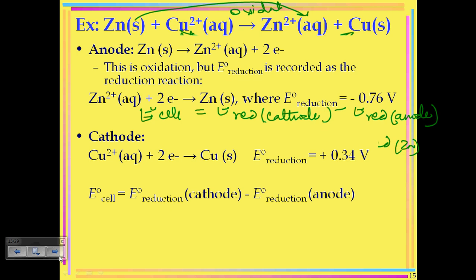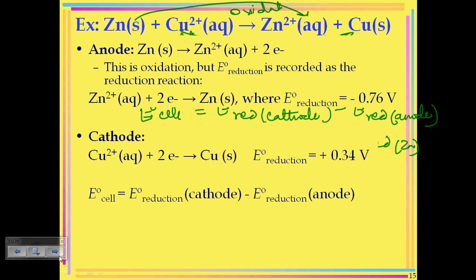The higher the positive value of reduction potential, the greater is the reduction potential. So plus 3.4 reduction potential is higher than negative 1.1. Right? So the more positive the reduction potential, the more is the tendency of something to be reduced.